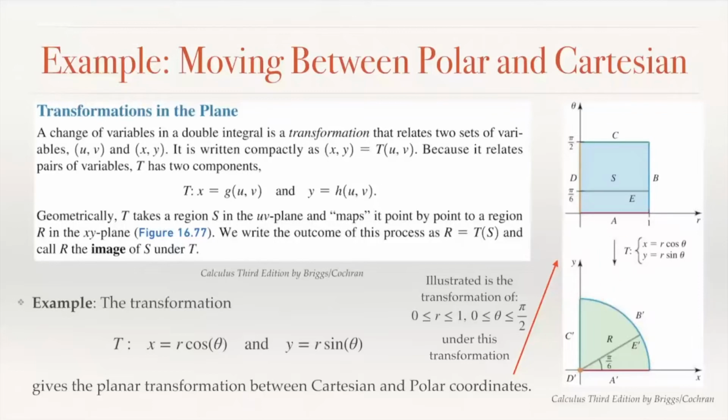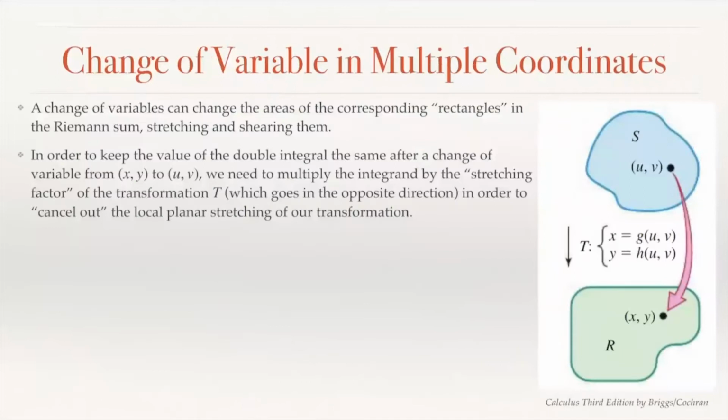So in polar integrals, we let x be r cosine theta and y be r sine theta, and that's exactly an example of what we're talking about. Now, change of variables can change the areas of corresponding rectangles in the Riemann sum, stretching and shearing them.